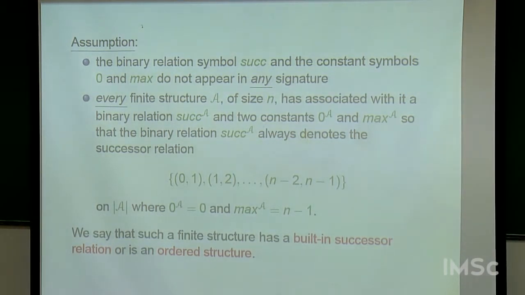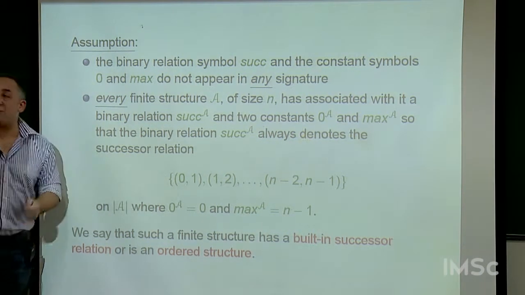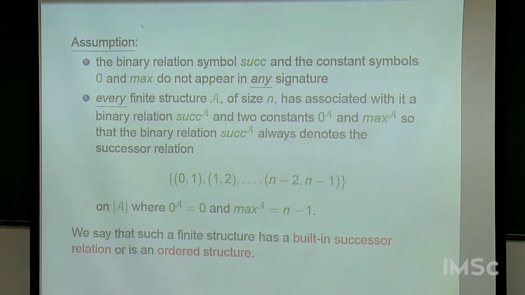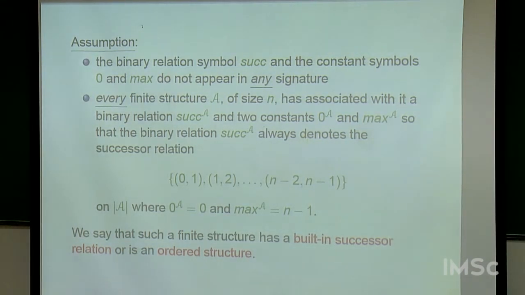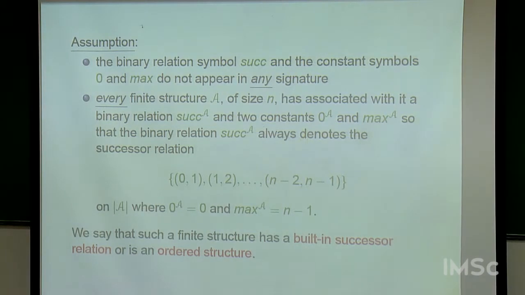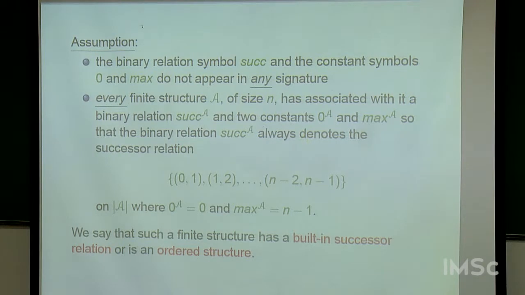The successor relation consists of the pairs (0,1), (1,2), and so on, up to (n-2, n-1). The constant symbol 0 is 0, and the constant symbol max is n-1. So every finite structure has this for free. I'm not going to go into too much detail about the logical aspects of this, but we can use this successor relation in our logic. We say that such a finite structure has a built-in successor relation, or is an ordered structure.